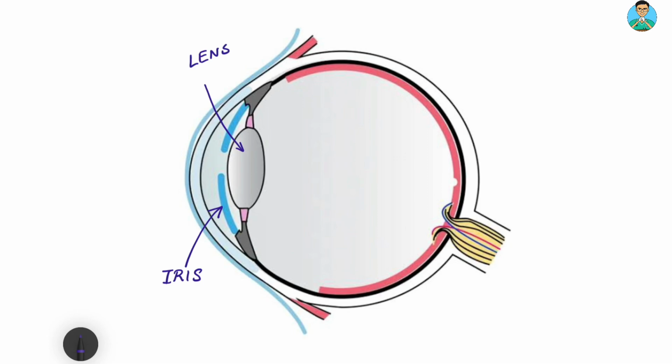That means if we take the posterior surface of the lens as the landmark from where vitreous humor starts, then this part, which is in front of the vitreous humor, all this is known as a part of anterior segment. This anterior segment is also known as anterior cavity.